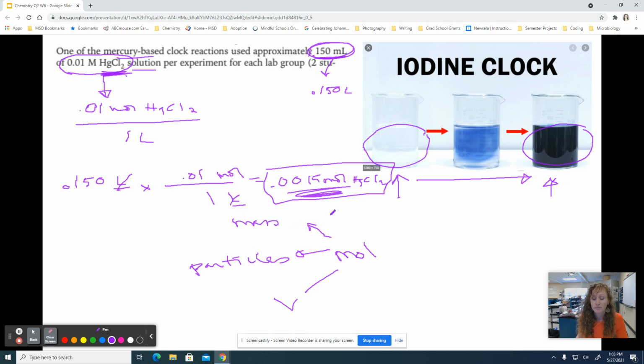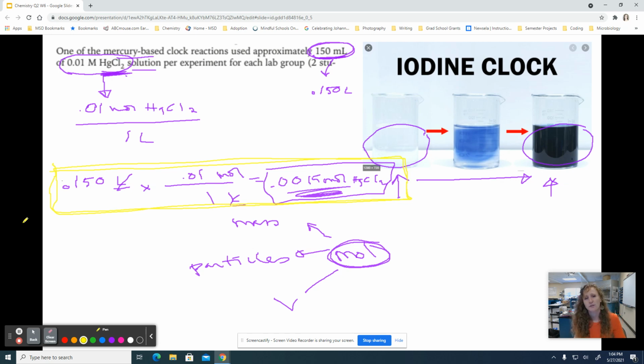We could figure out what the mass of mercury is that we'd be putting into the environment. So getting into moles is really powerful. And this is exactly how you would use molarity to help you get to that central hub of moles.